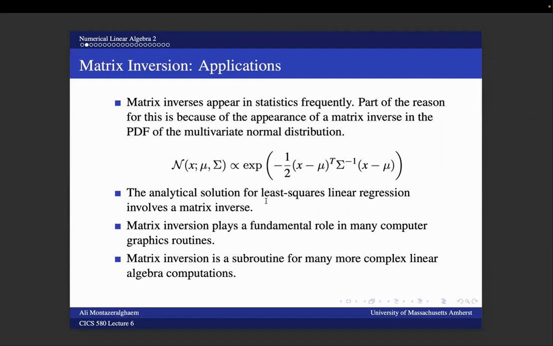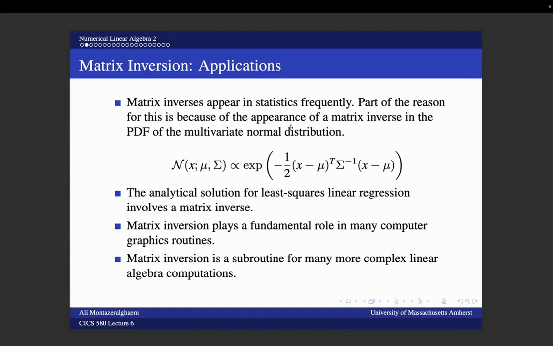And so as you can see, matrix inversion is so important in numerical applications, for example, probability distribution functions, or, as I mentioned, algebra computation. So it is important how we can compute matrix inversion in numerical algebra.